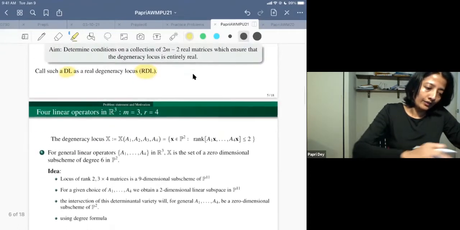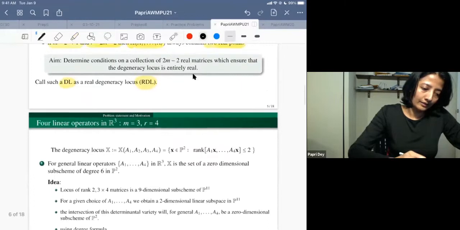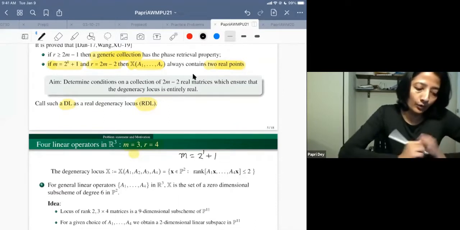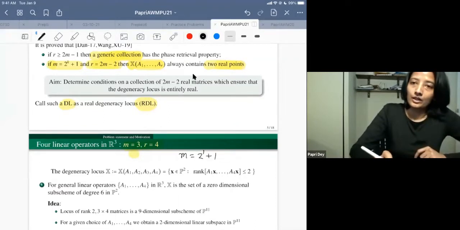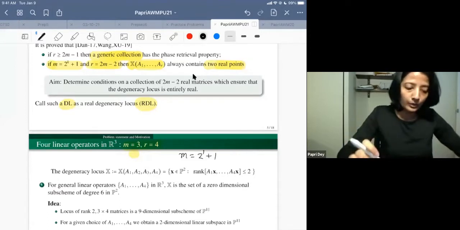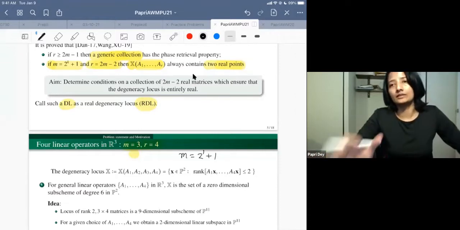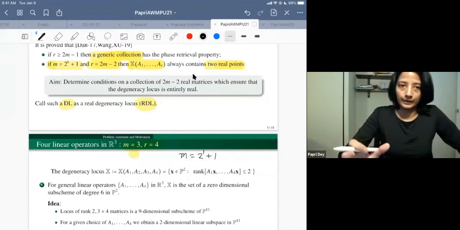So our first interesting case in this setup is when we have m equal to 3 and r equal to 4, which is 2m minus 2. So from their result, it is already known that if you have 4 linear operators in R3, that collection doesn't have the phase retrieval property.